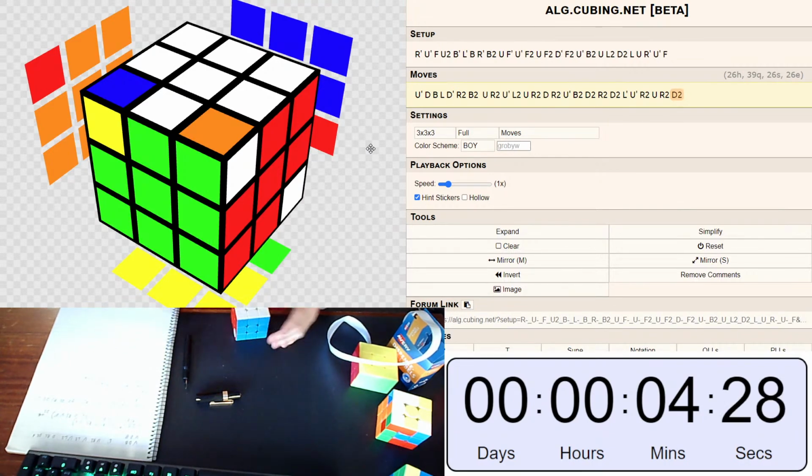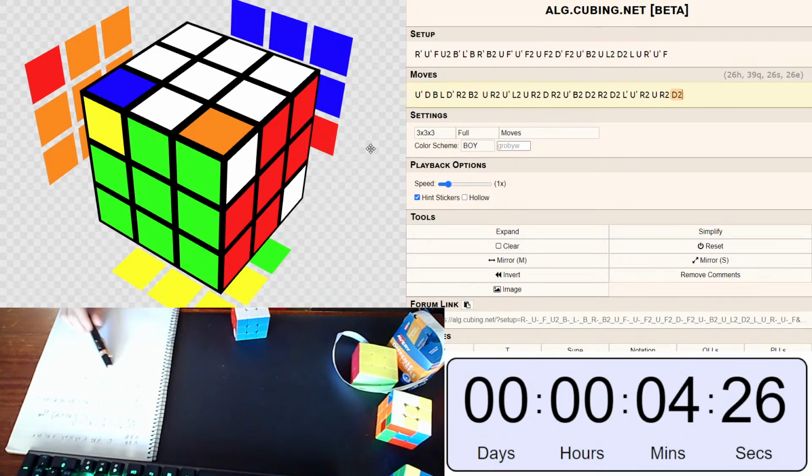E2 at the end, okay. That's not great cancellation if I do just throw it on the end. R prime B, R2, R prime B2, U, F prime, U prime, F2, U, F2, D prime, F2, U prime, B2, U, L2.